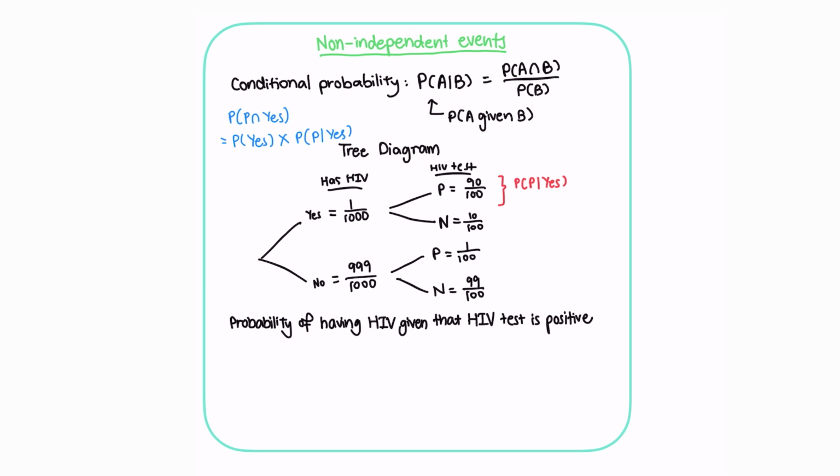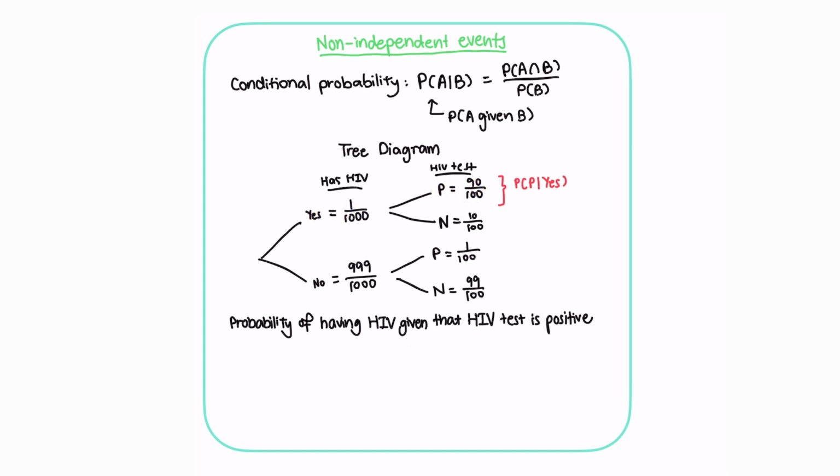So to find the probability of a person having HIV and testing positive, we will take the probability of a person having HIV, which is this over here, multiplied by the probability that a person tests positive given that yes, he does have HIV. And that's just 1 over 1,000 times 90 over 100.